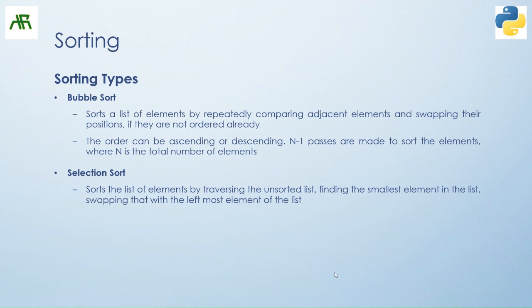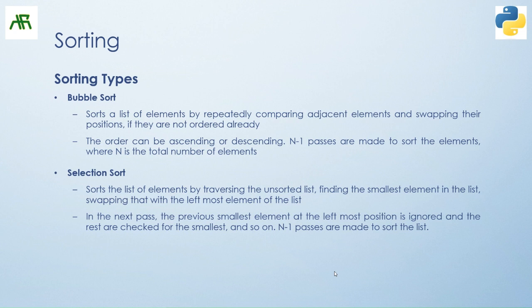Move through elements left to right, find the smallest in that particular pass, and place it at the leftmost of the list, meaning first of the list. In the next pass, the previous smallest element at the leftmost position is ignored, and the rest are checked for the smallest again, and so on.